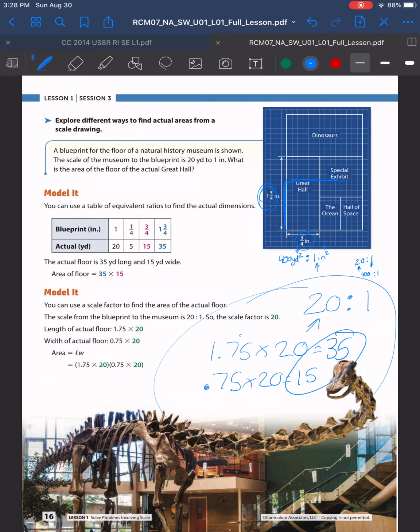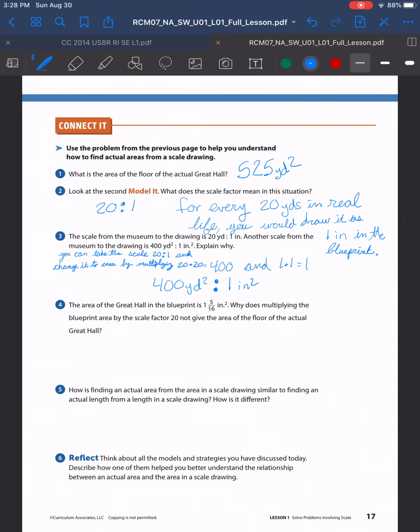We took this and we multiplied it by 20 and got 15. Then we multiplied 35 by 15. So basically what they're saying is you can just take 1 and 5/16 and multiply it by the scale factor. But you'd have to multiply it by the scale factor again because both the length and the width had to get multiplied by 20.